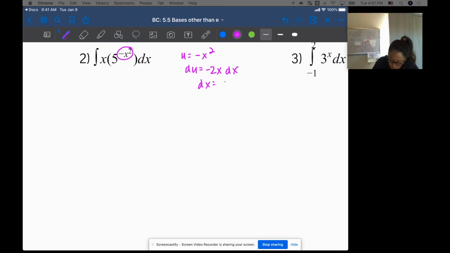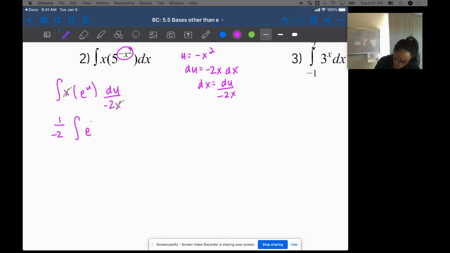So dx is equal to du over negative 2x. Okay, now let's see what we got. We got x times 5 to the u du over negative 2x. And the x's cancel, leaving me with 1 over negative 2 times the antiderivative of 5 to the u du.